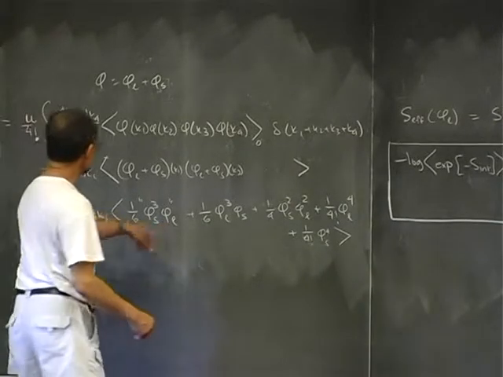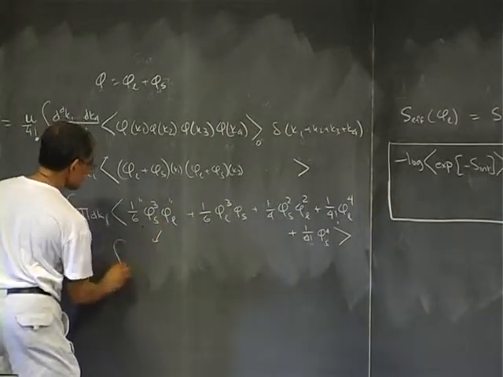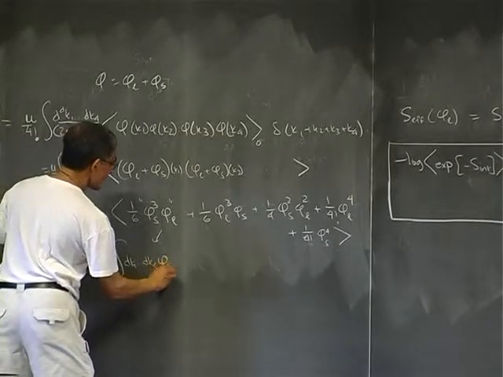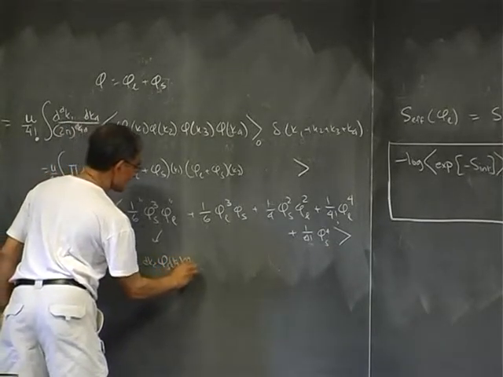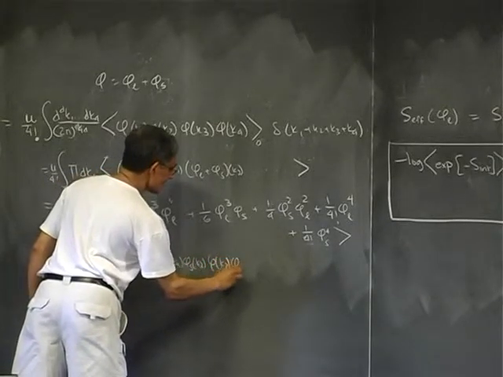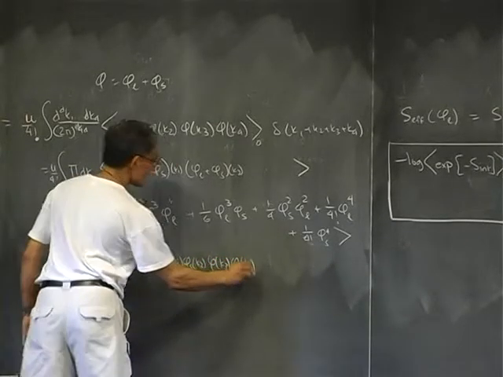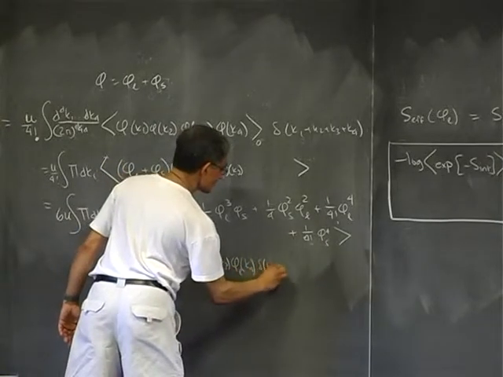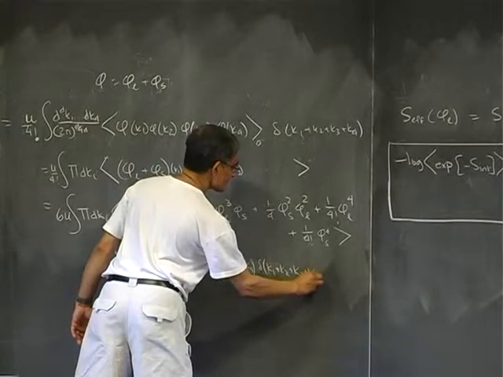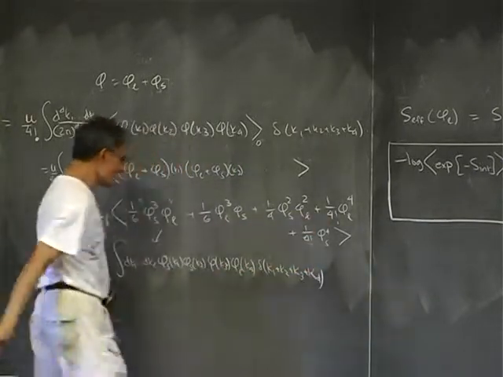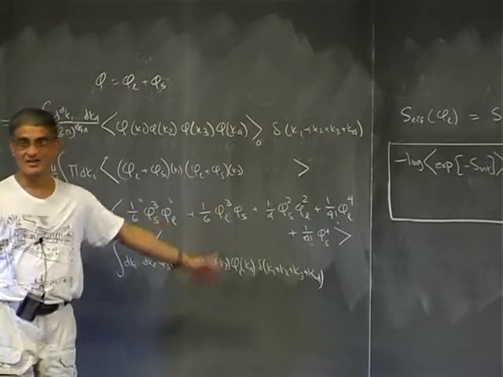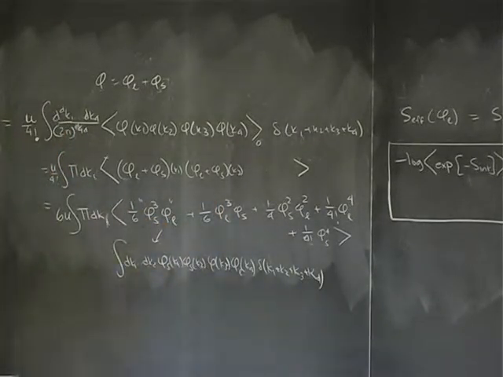A term like this means, really speaking, dk1 to dk4, phi s k1, phi s k2, phi s k3, phi L k4, delta function of k1 plus k2 plus k3 plus k4. And similarly for all the terms. I would go mad if I had written down all this thing in gory detail, so I just used a shorthand notation.